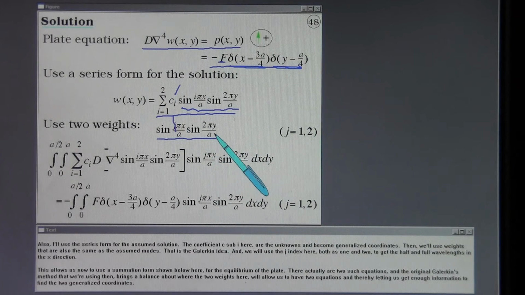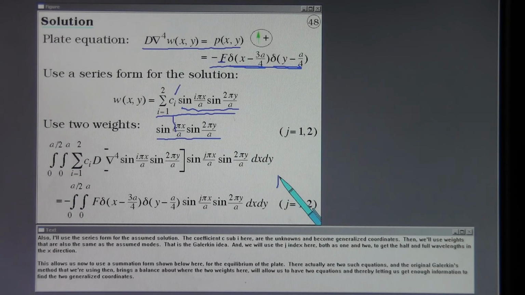This allows us now to use a summation form, shown below here, for the equilibrium of the plate. There actually are two such equations, and the original Galerkin's method that we're using then brings a balance about where the two weights here will allow us to have two equations, and thereby letting us get enough information to find the two generalized coordinates.